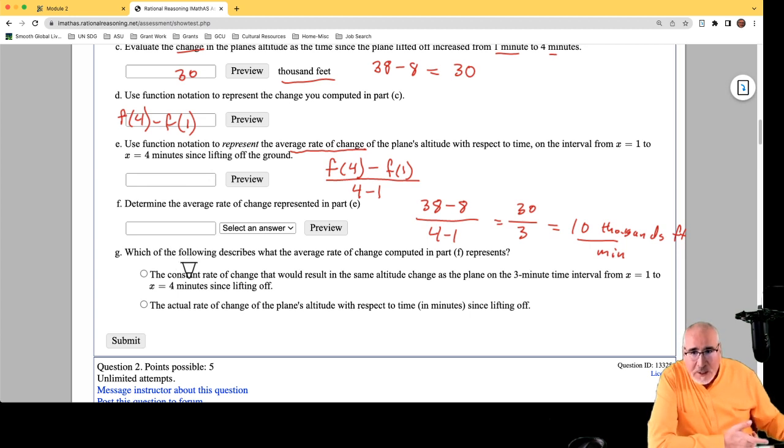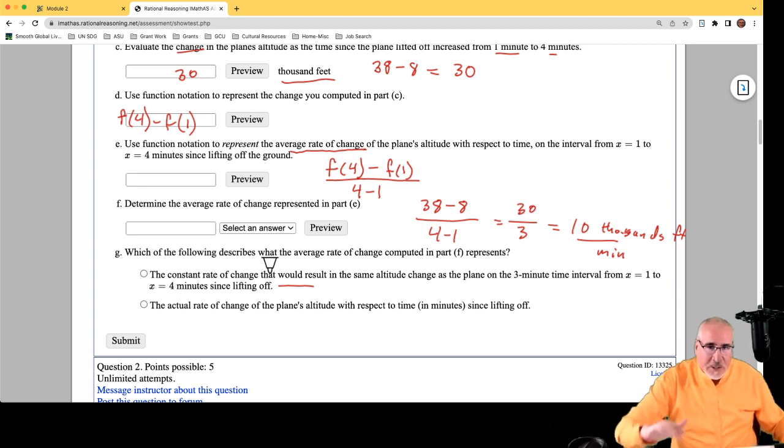So what is it? The constant rate of change that would result in the same altitude change as the plane on the 3-minute interval from 1 to 4 since lifting off. So if we looked at it as a constant rate of change, this is what would be needed. We know from the function it's quadratic. It's not a straight line.